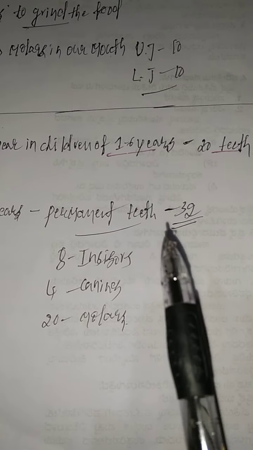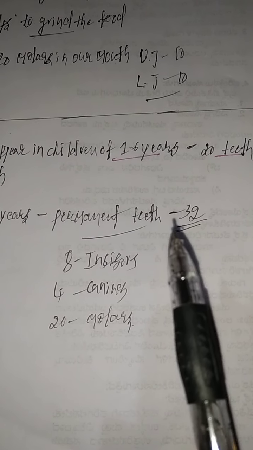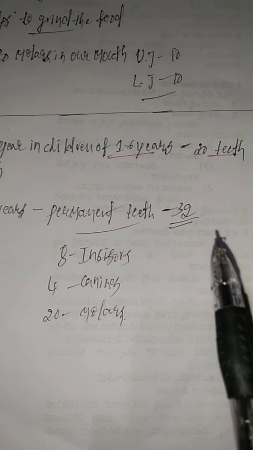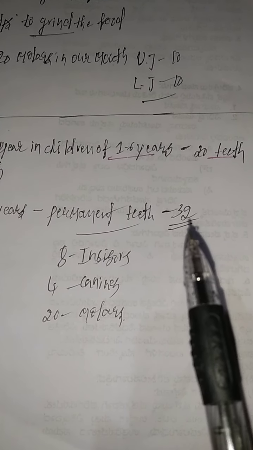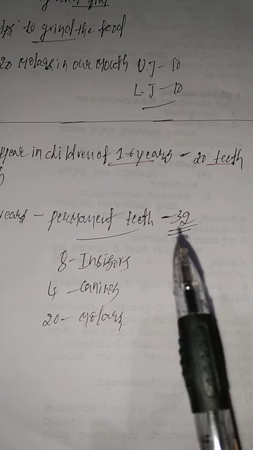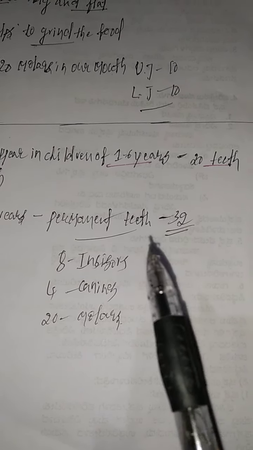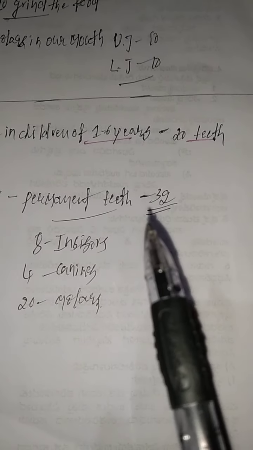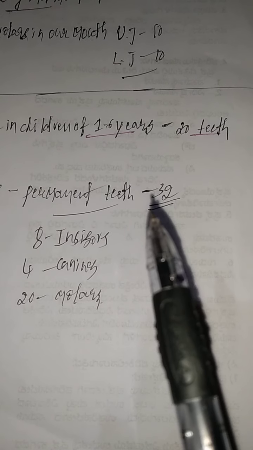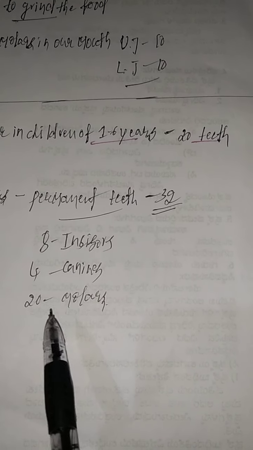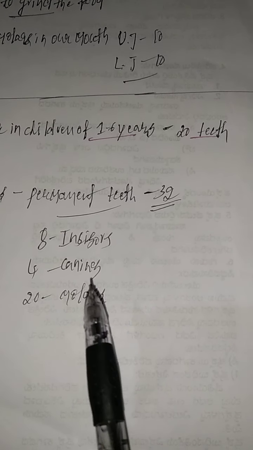An adult person has 32 permanent teeth. If permanent teeth fall, they will not grow again, so we have to protect them. Among them, 8 are incisors, 4 are canines and 20 are molars.